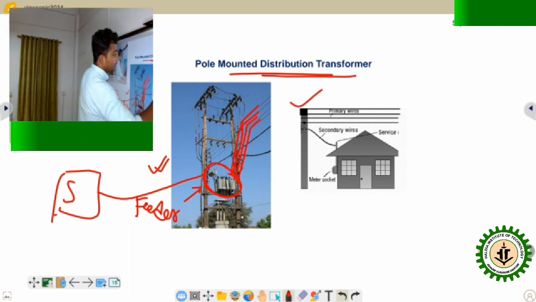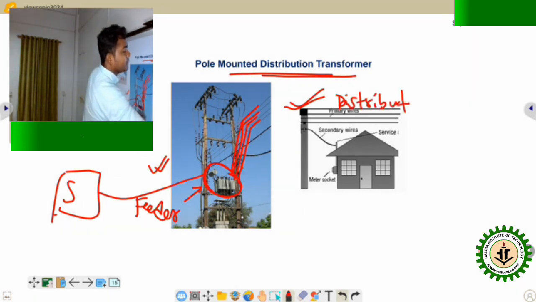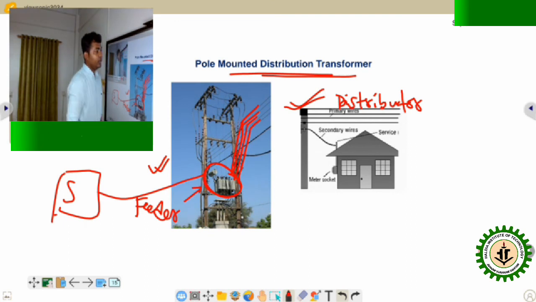The distributor will distribute the power to your locality, and from here, by using the service main, means this wire, the power goes to your house.